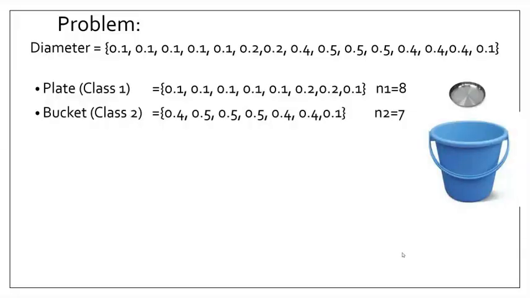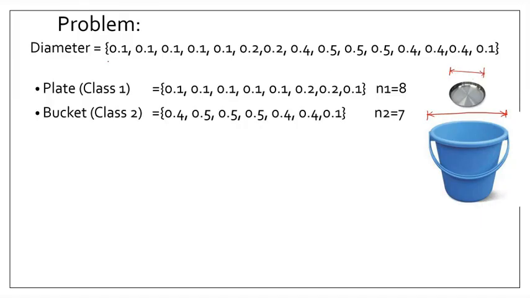Now we move on to the next problem. You note down this problem. What we have done is we have measured, say, the diameters of two objects. So only one parameter is being measured for each object. I am measuring the diameter of this plate and the diameter of this bucket, and I have collected these samples.